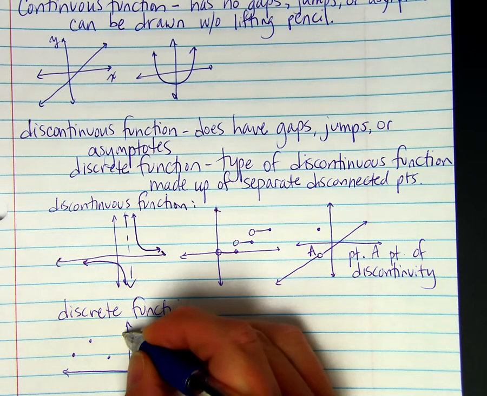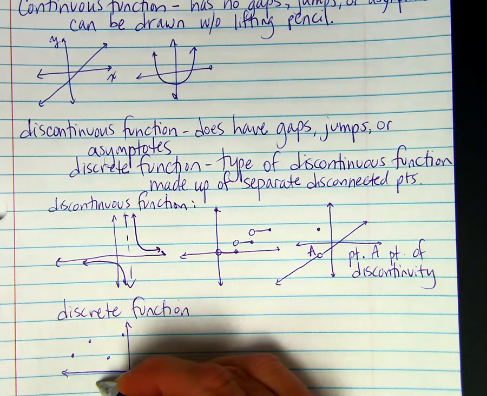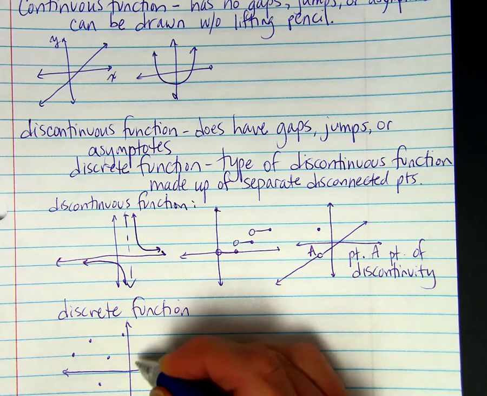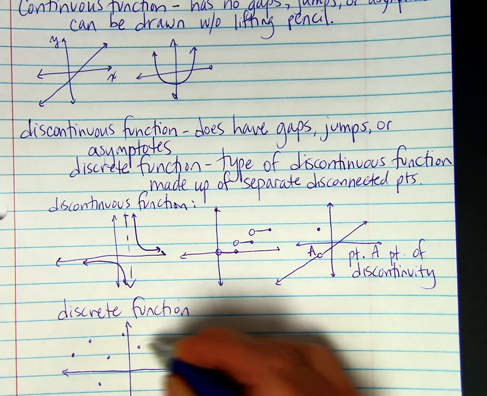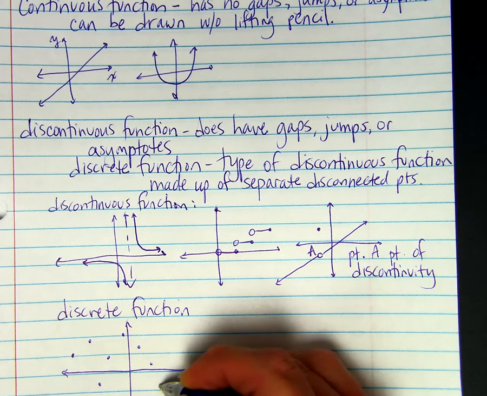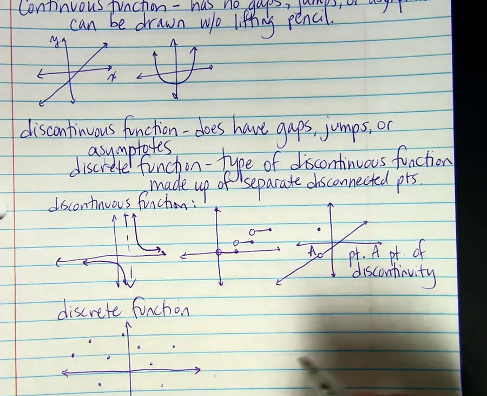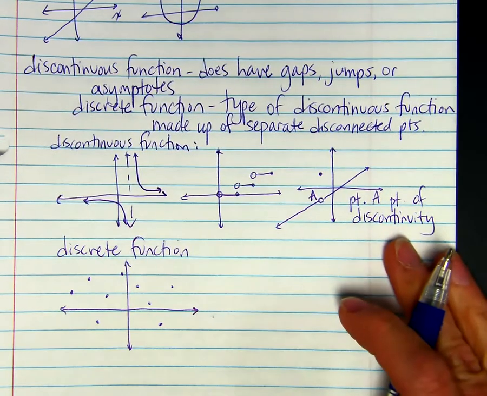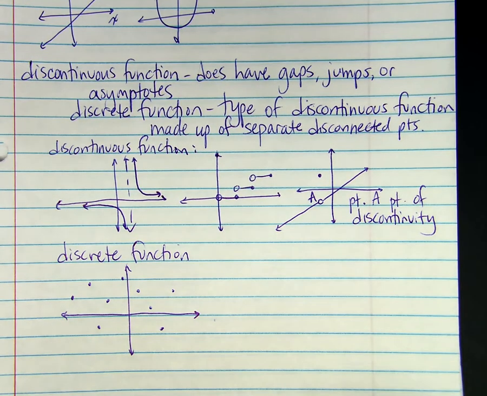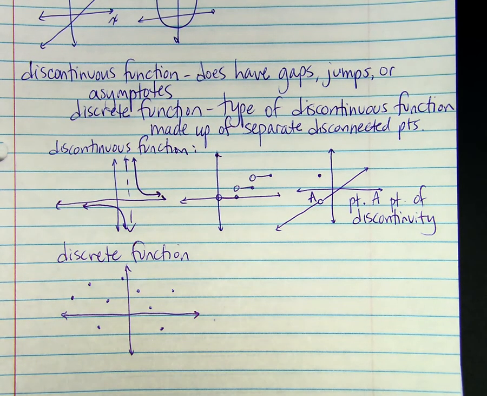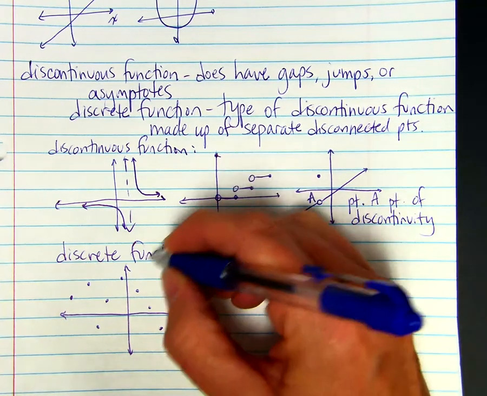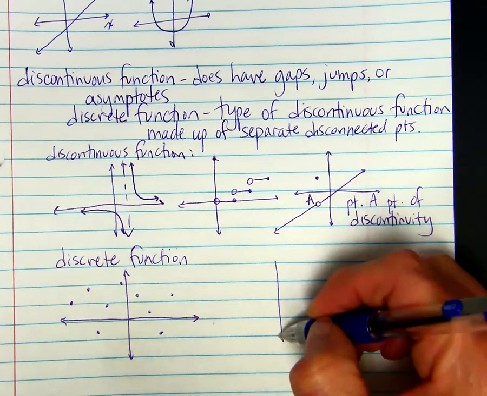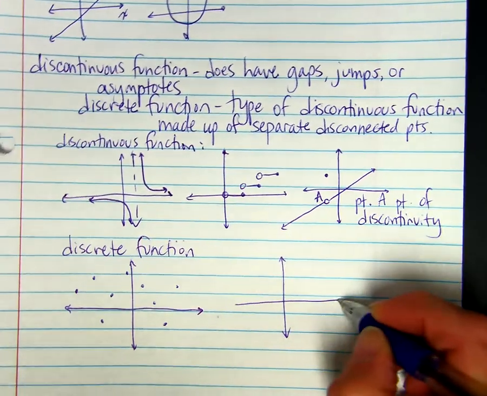So this would be considered a discrete function if you just had dots, separate points, and yes, they do have to pass the vertical line test, so every x has to have only one y value, not more than 1. You could have the same y value for different x's, but each x has its own y value.